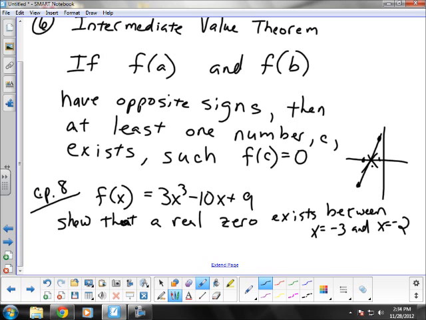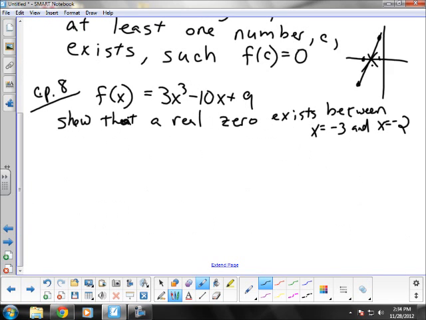Now, if we wanted to prove that, then we can prove that with this intermediate value theorem. This is how you do it. You do 3 times -3 squared minus 10 times -3 plus 9. In other words, you figure out what f of -3 is. Okay?